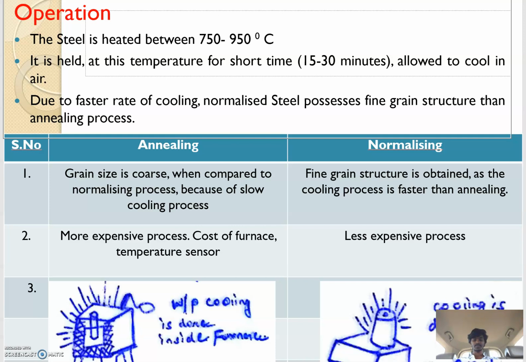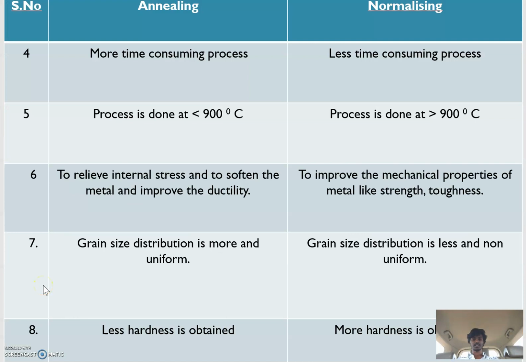Annealing is the more expensive process, given the cost of furnace and temperature sensor, while normalizing is less expensive. The process of annealing consumes more time, while normalizing consumes less time. Annealing is done at less than 900 degrees centigrade, while normalizing is done at more than 900 degrees centigrade.